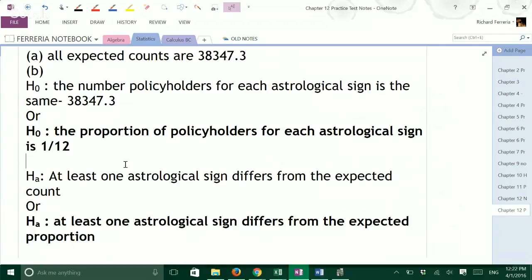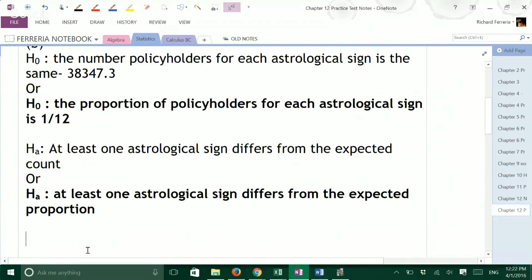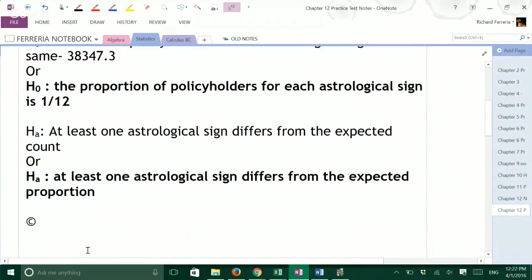Questions on B? Okay. Let's take a look at C. There are only two conditions that need to be met. That first condition is about random sampling.